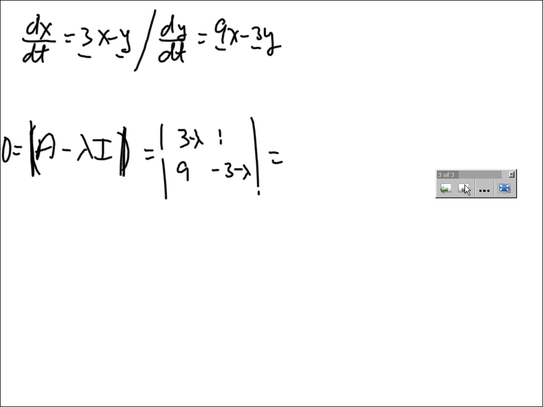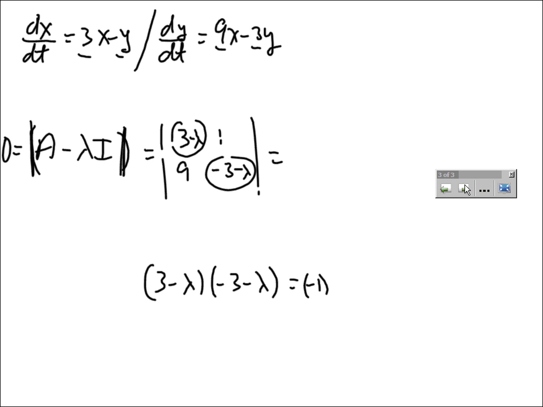If I want to multiply this by that, I can multiply each of them by negative 1, because 3 minus lambda times negative 3 take away lambda is surely the same as negative 1 times negative 1, which is 1 times that. And I choose to multiply this with that.